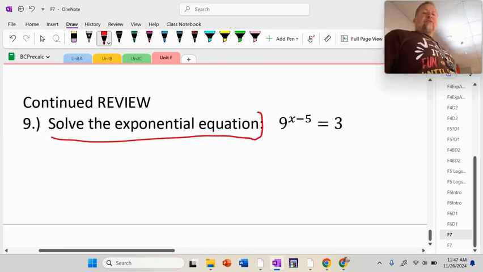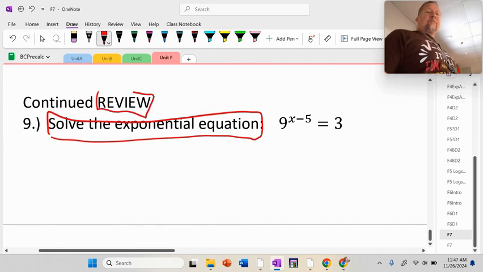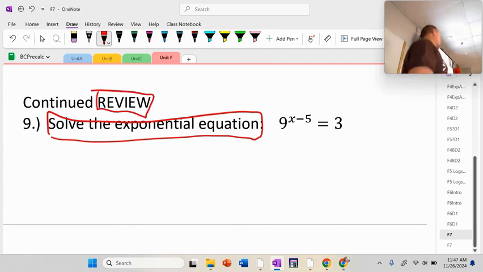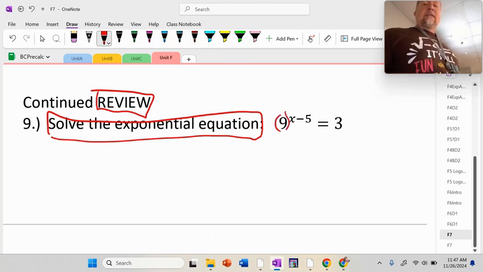Solve the exponential equation. Review. This is what's going to happen after break, not this. And that's when we have to use logarithms. But what can we do? What's 9? A number. 3 squared. And what we were able to do a while ago was, well, we know this.